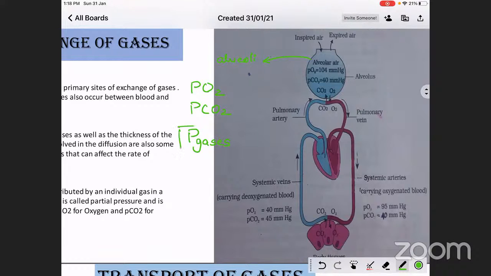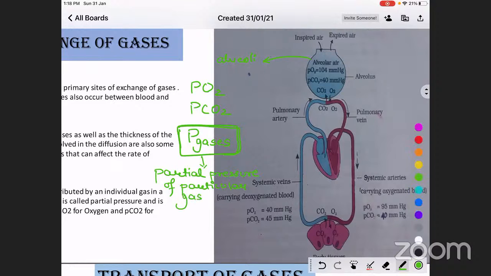So you have to understand what P gas is. P gas is called the partial pressure of a particular gas. Okay, the partial pressure of the particular gas.